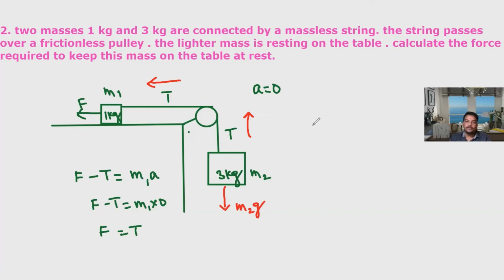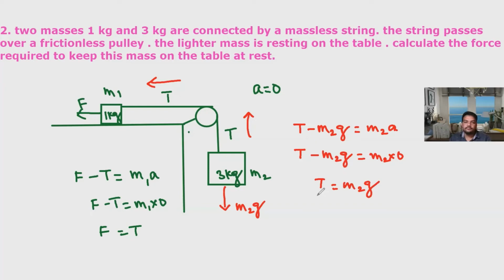Then the tension force dominates: T minus M2g is equal to M2 into A. As the body is not in motion, M2 into acceleration is 0, then T equal to M2 into g.